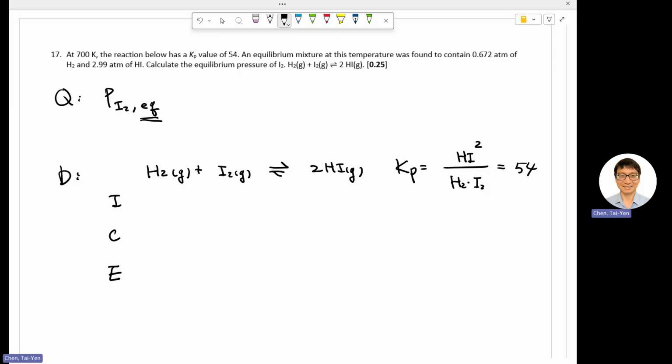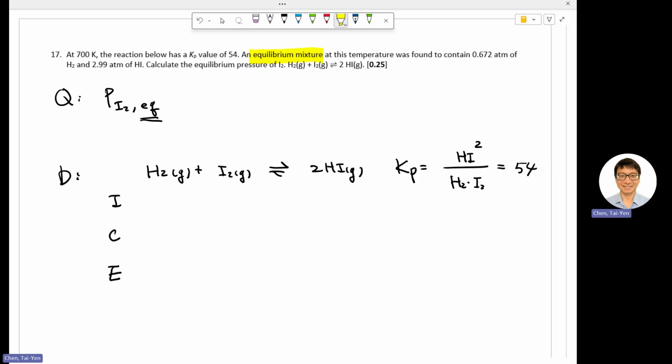Which row should I put them in? The E row. Okay, how do you know it's E? Yeah, because it says equilibrium, right? You see that equilibrium mixture tells you the numbers they are actually providing are already at equilibrium.